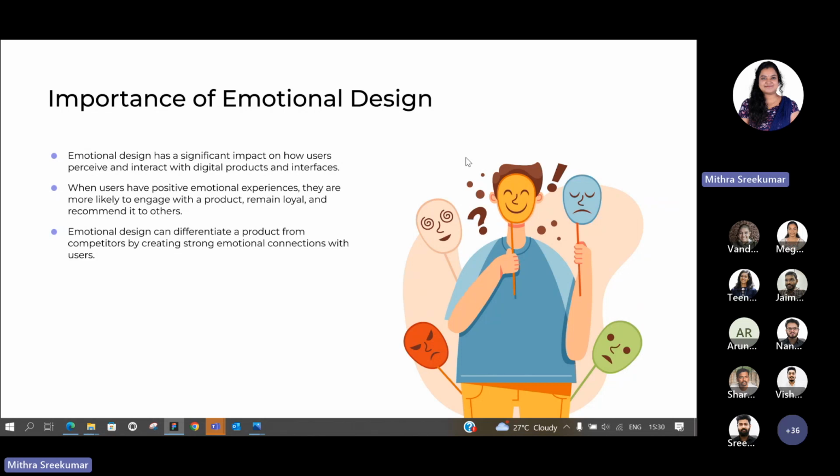So in order to stand out, or in order to make the user use our product, we have to create this emotional design concept in our UX for that purpose, in order to compete with the others. So that is how important emotional design is in UX.